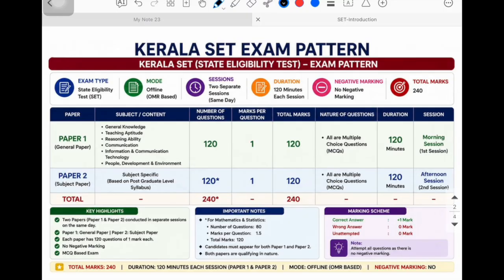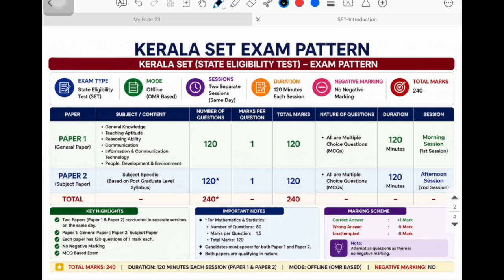Here paper 1 is a separate 2-hour session and paper 2 is a separate 2-hour session, usually paper 1 in the morning session and paper 2 in the afternoon session.